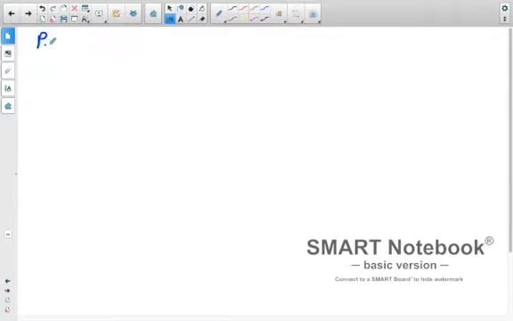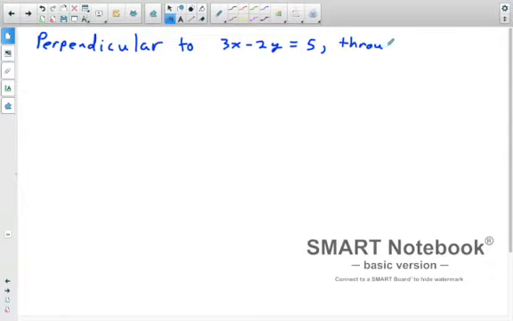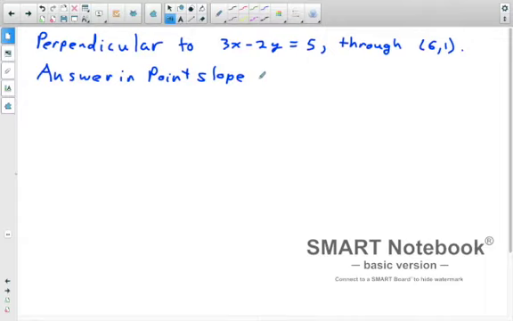So I'm going to say perpendicular to 3x minus 2y is 5, comma, we go through the point (6, 1), and we want this equation in answer in point-slope form.